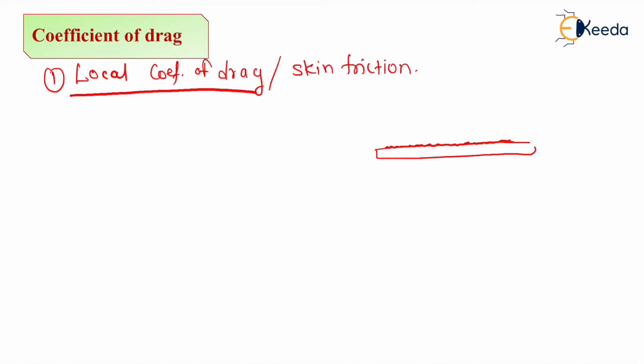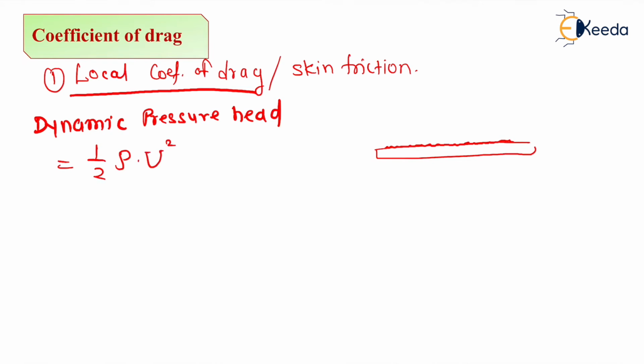Before studying this coefficient of drag, we should know that the dynamic pressure head acting on the plate is nothing but 1/2 rho u square. The term 1/2 rho u square in the von Karman equation is nothing but the dynamic pressure head.